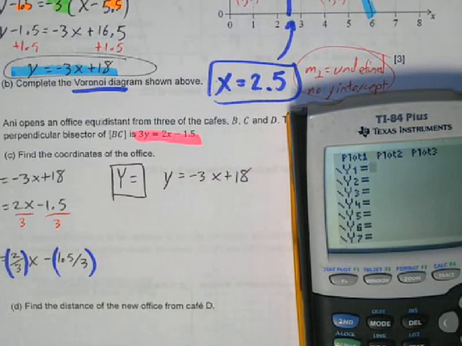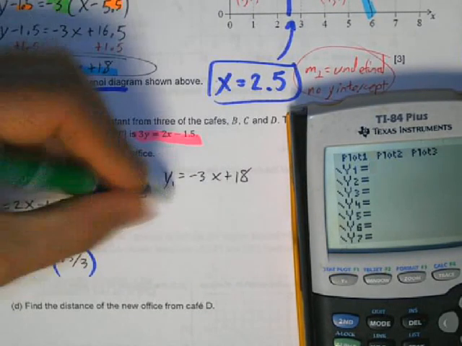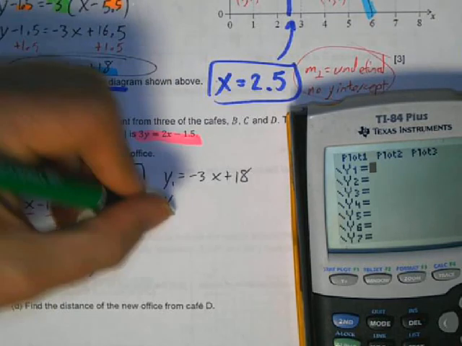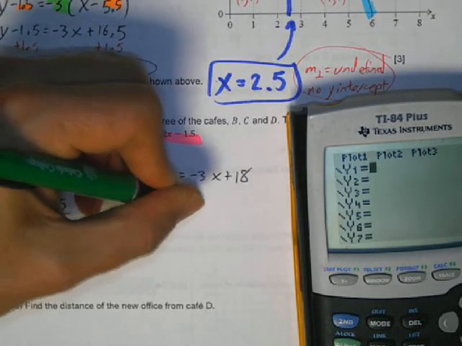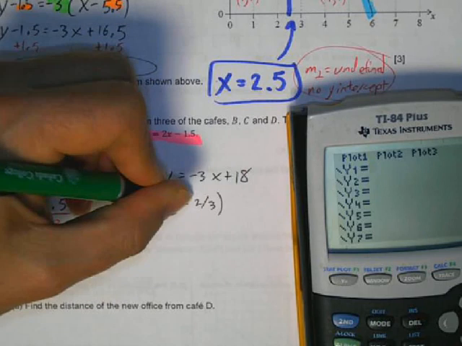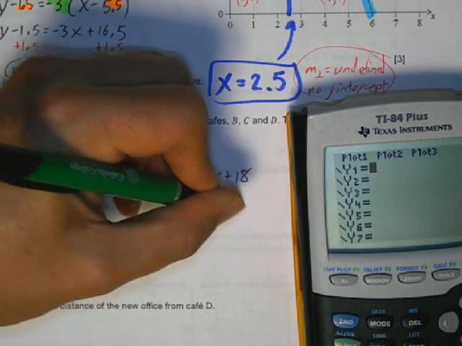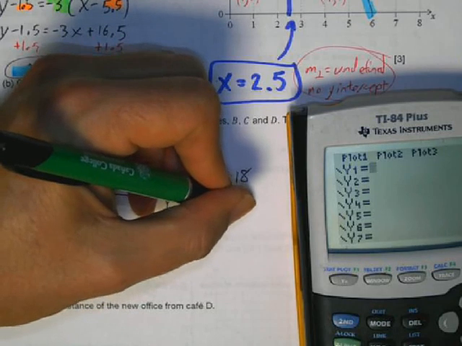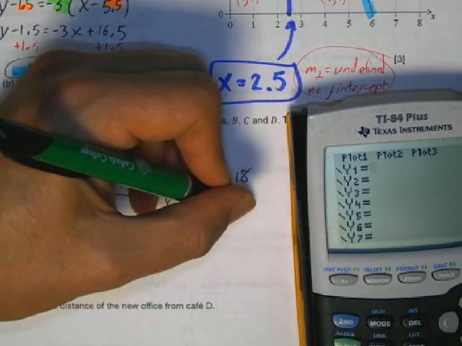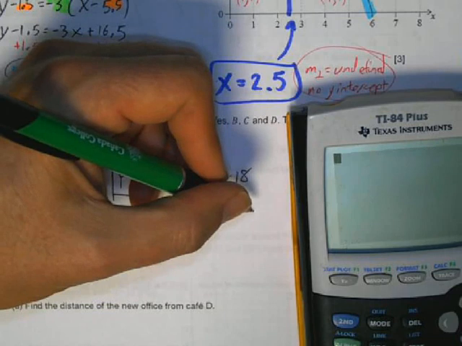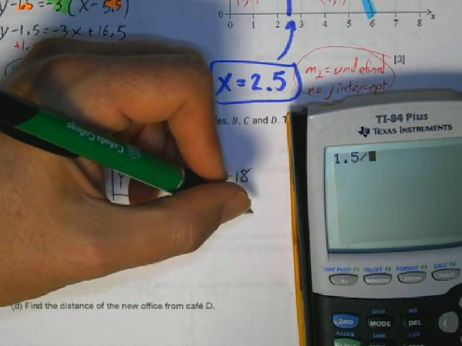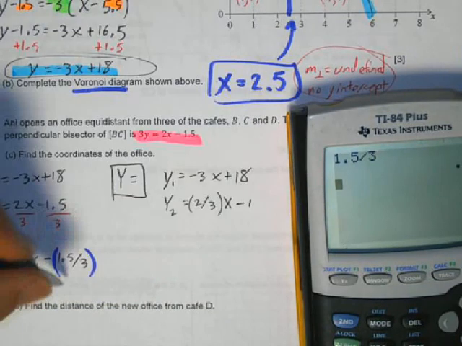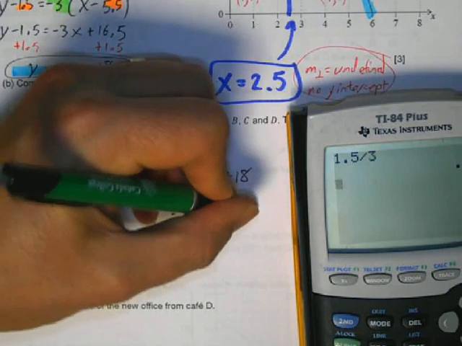And then the other equation is going to be y equals 2/3 x minus 1.5 divided by 3. 1.5 divided by 3 is equal to 0.5.